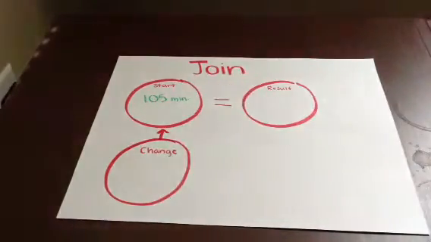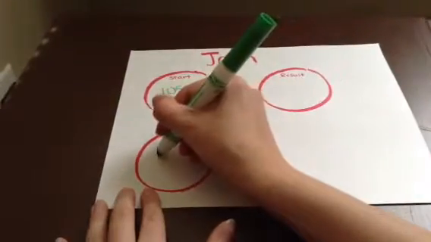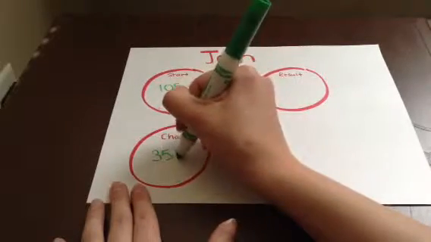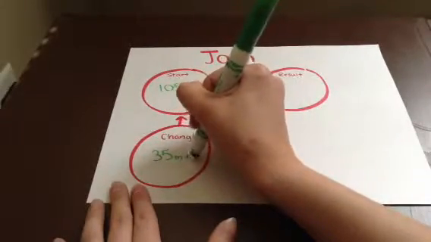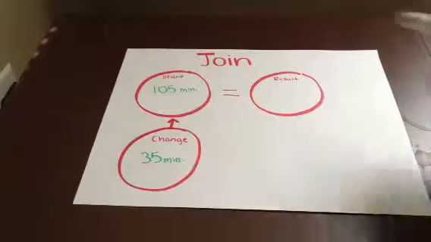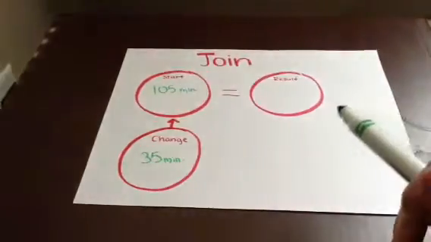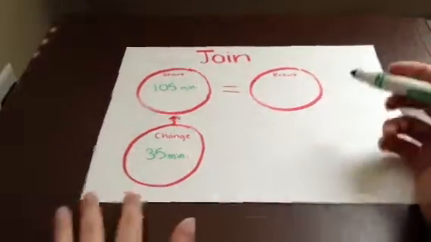We have 35 minutes joining it. So that is the change. In every join problem, there's a change occurring. So I have my start and my change, and the tool I'm going to use, because something is joining it, is addition to find my result.